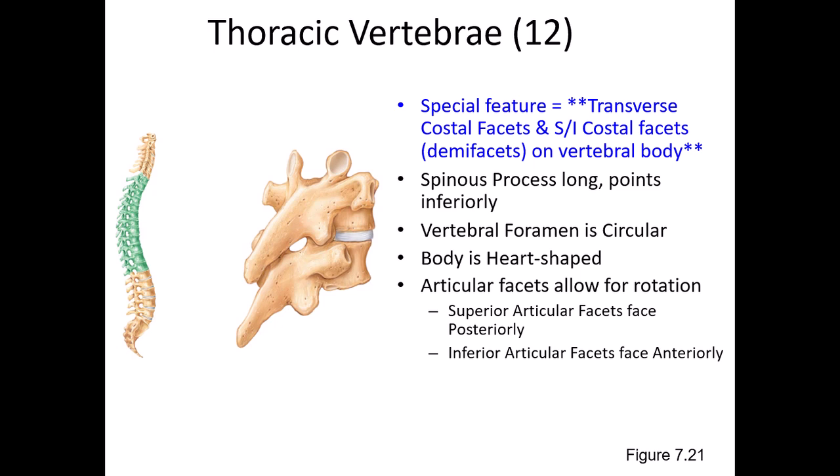If you move your fingers down to the lumbar region and do that same rotation, you really don't feel the movement as sharply. And we'll see when we get to lumbar vertebrae, this is where most of your flexion and extension occurs. So you can repeat that, putting your hand in the thoracic region versus the lumbar region and feeling where the flexion and extension is really happening.